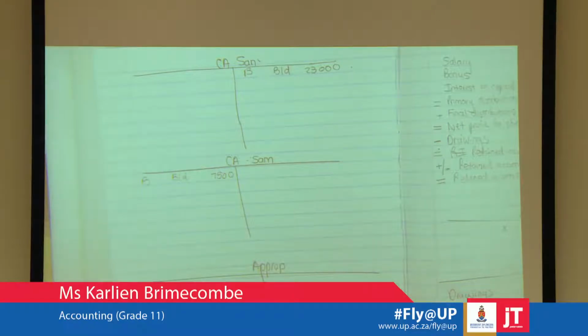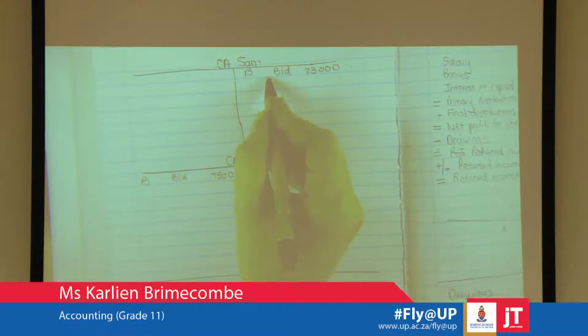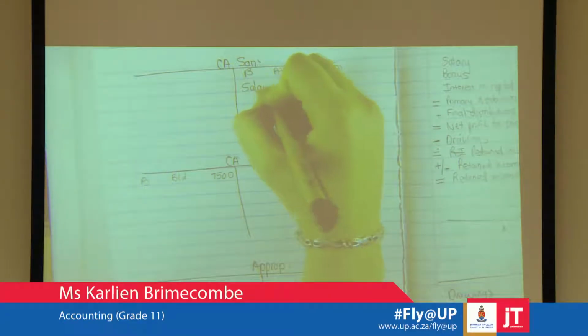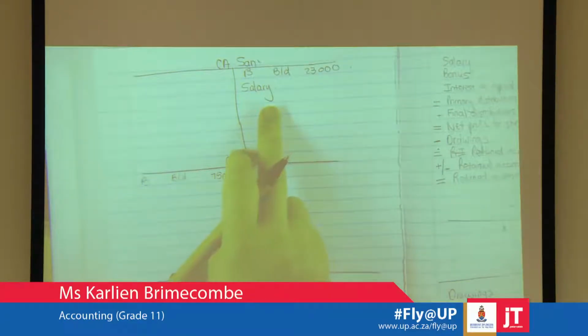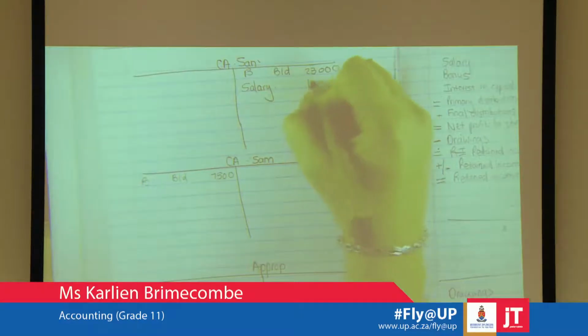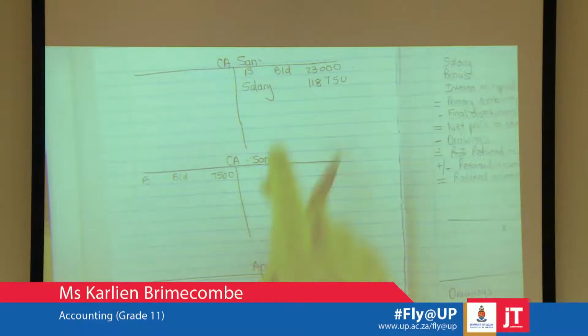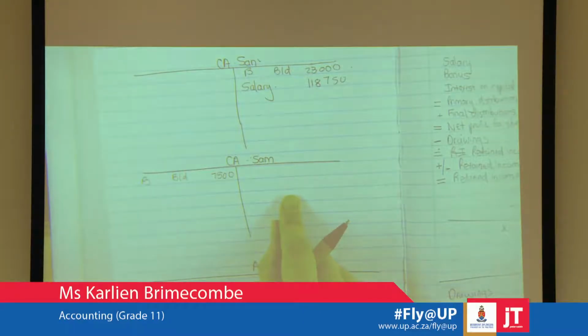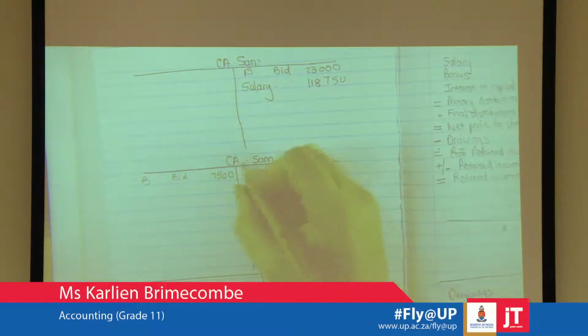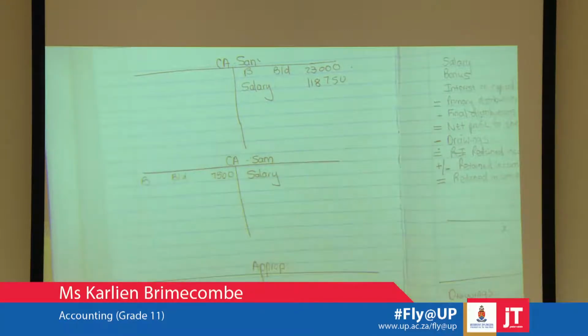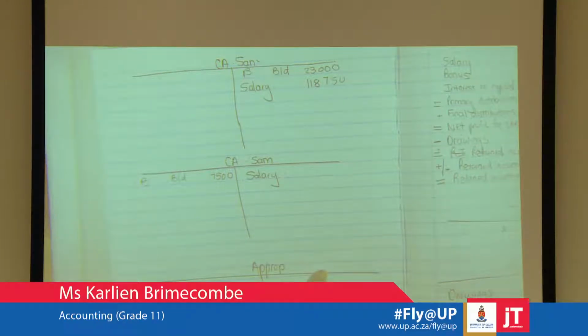Now, if we indicate the salary allowance, they've provided us with the salary per annum, 118,750. So how much is Sam getting per annum? They are saying Sam's salary is 1,000 per month more.